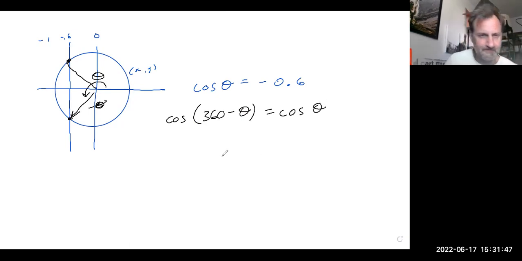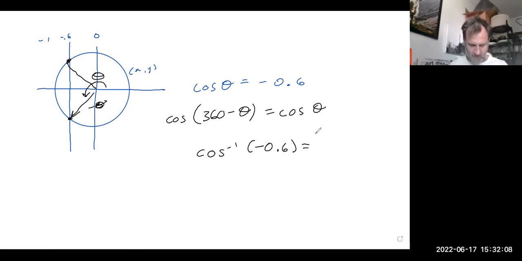So let's take a look in terms of radians. Let me switch my calculator over. Okay, so now I'm going to say, what is the inverse cosine of negative 0.6? Find out. 2.214.